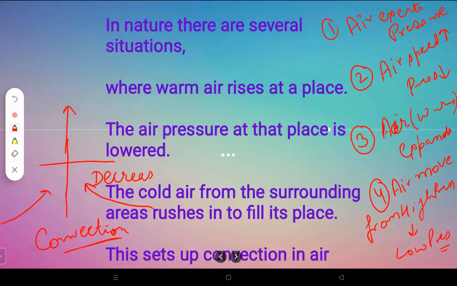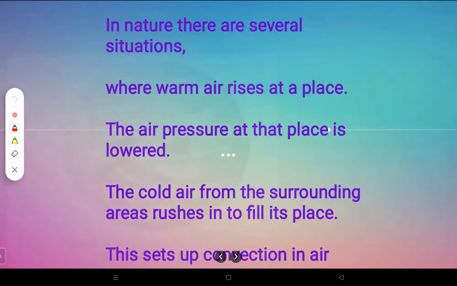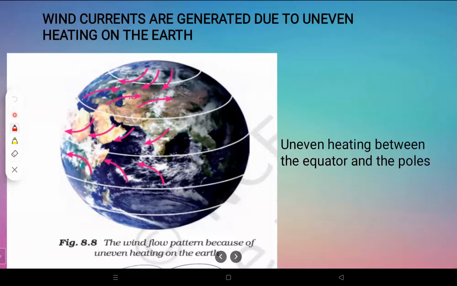Muzamil, do you remember land breeze and sea breeze? Yes, ma'am. They are land breeze and sea breeze. There also convection plays an important role. So in different weather conditions, convection plays different roles.